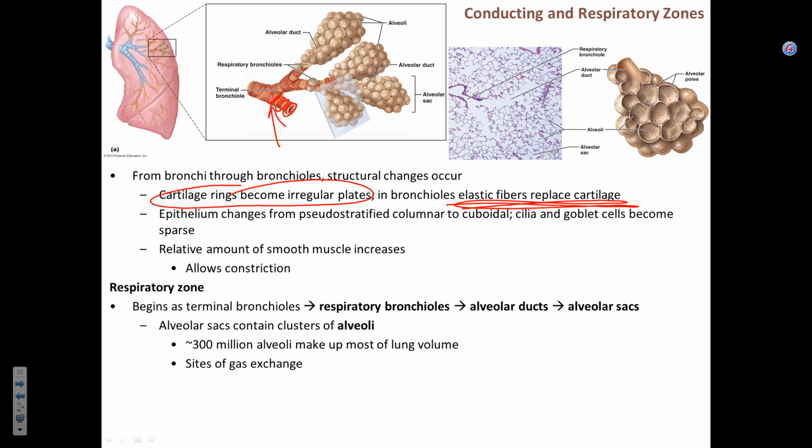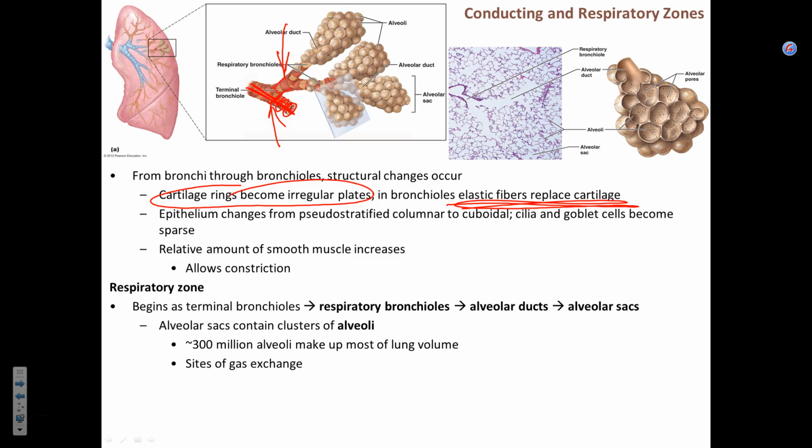And when you are relaxed, you don't need that much air. Bronchi constrict. That's parasympathetic. Good? So that really, really small bronchiole here branches off into the terminal bronchiole. So that's the start of the respiratory zone.